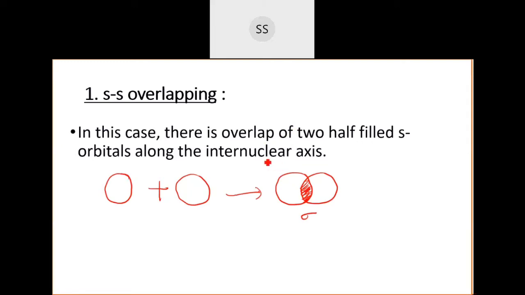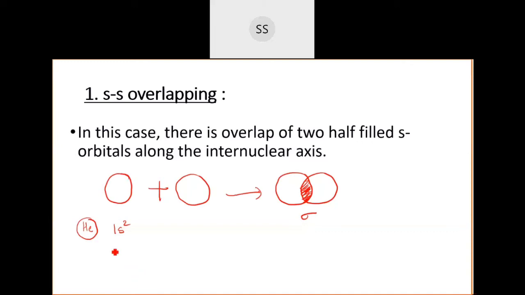Two fully filled s orbitals cannot overlap. For example, let me take helium. Helium is 1s2, correct? If I am taking a helium molecule, can that be possible?